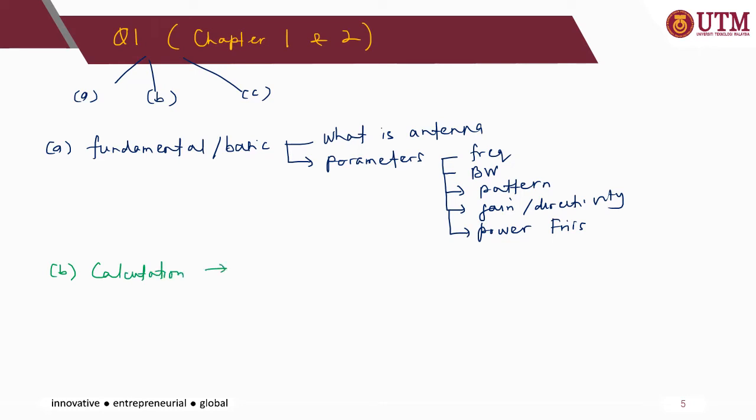Right, so as usual, you have the effective area, the bandwidth, the gain, directivity, power, PR or PT of the total power transmit, power radiated, and then you have the gain, and you have the absolute gain, and then the half power beam width, or full power beam width, and then the calculation from the parameters given.